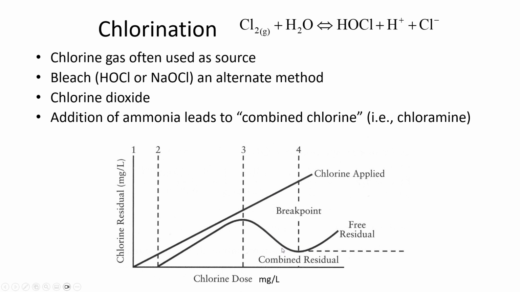And then the stable residual you can expect to be present is when it starts to go back up again. So this curve is called the breakpoint chlorination process, which is just the idea that adding the chlorine doesn't necessarily ensure that there's a certain concentration in the water. The amount of chlorine goes down for a little while as it's being consumed through the disinfection process.